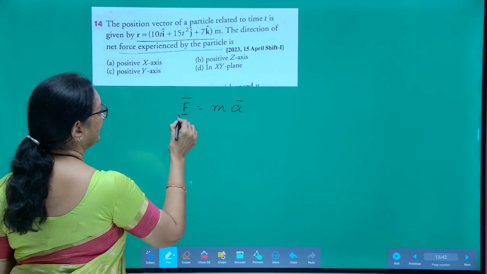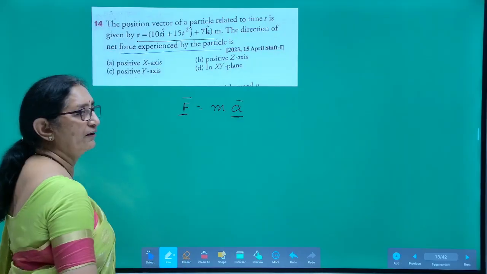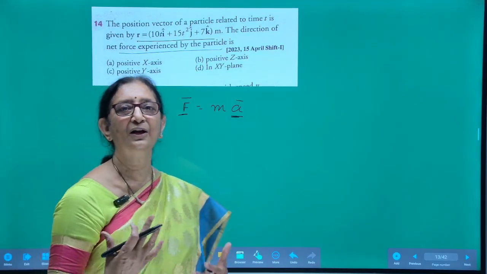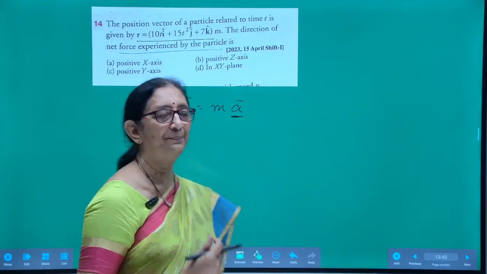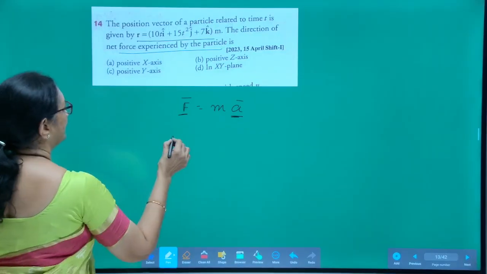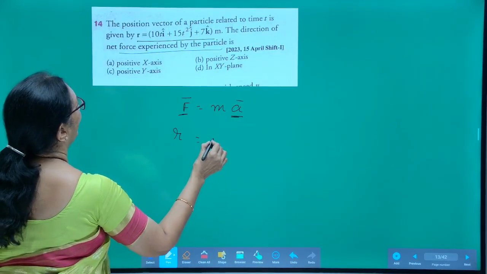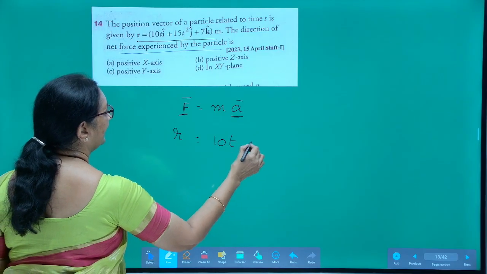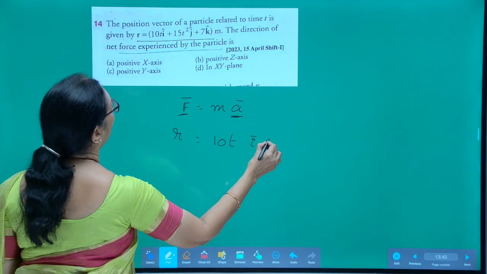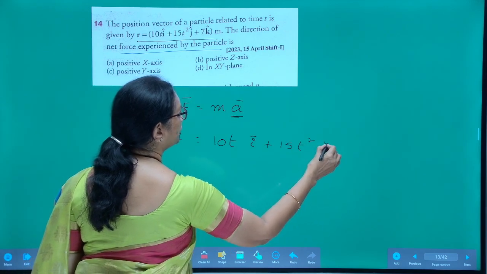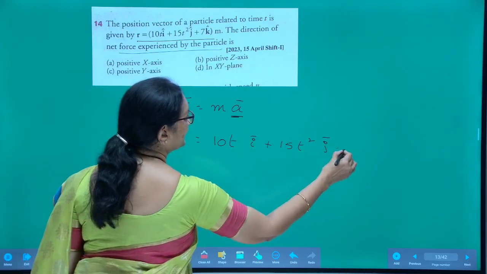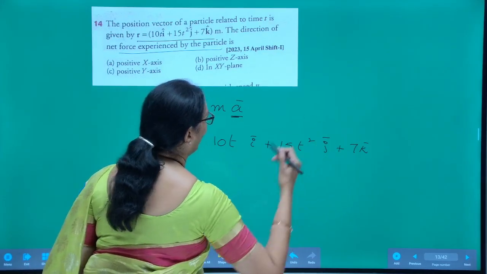So, direction of force is in the direction of acceleration. So, let us try to find out the direction of acceleration from the position vector given. So, its position vector is given as 10t i plus 15t² j plus 7k.